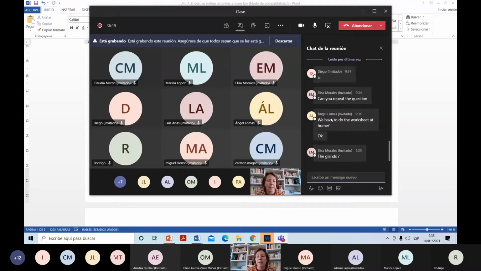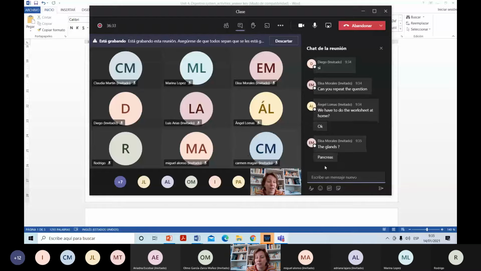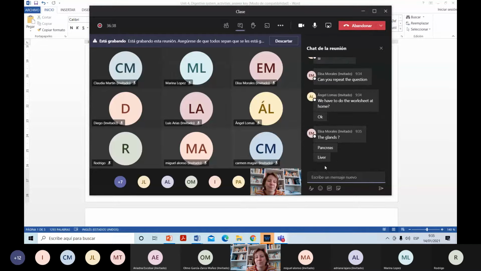Elisa, the question, yes, that's right. The question was, what were the other components? The accessory glands. Can you name at least one of them? One accessory gland in the digestive system. The pancreas is one. Another one is the liver, and the other is in your mouth, the salivary glands, okay, in your mouth.